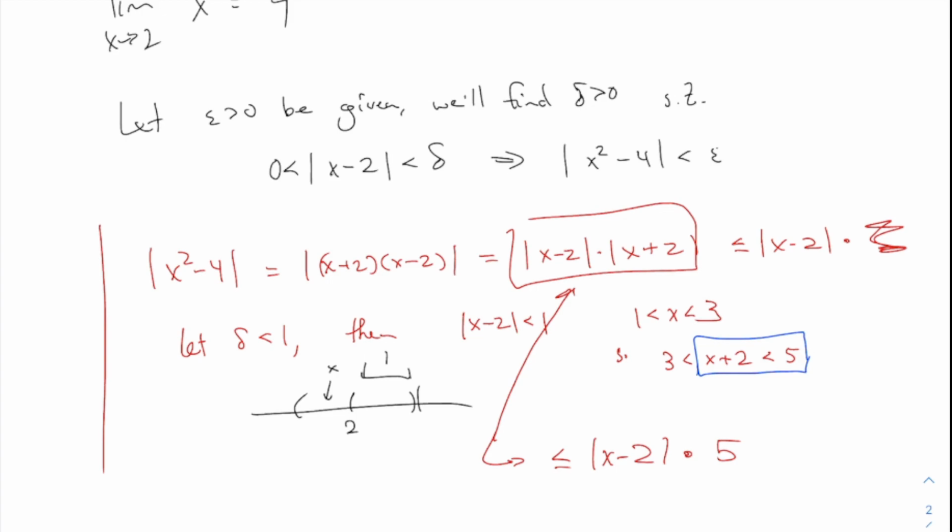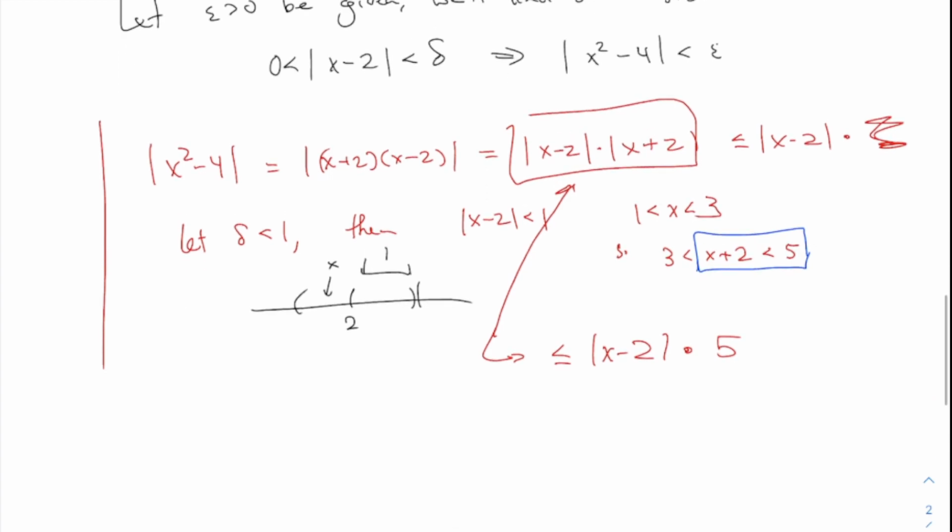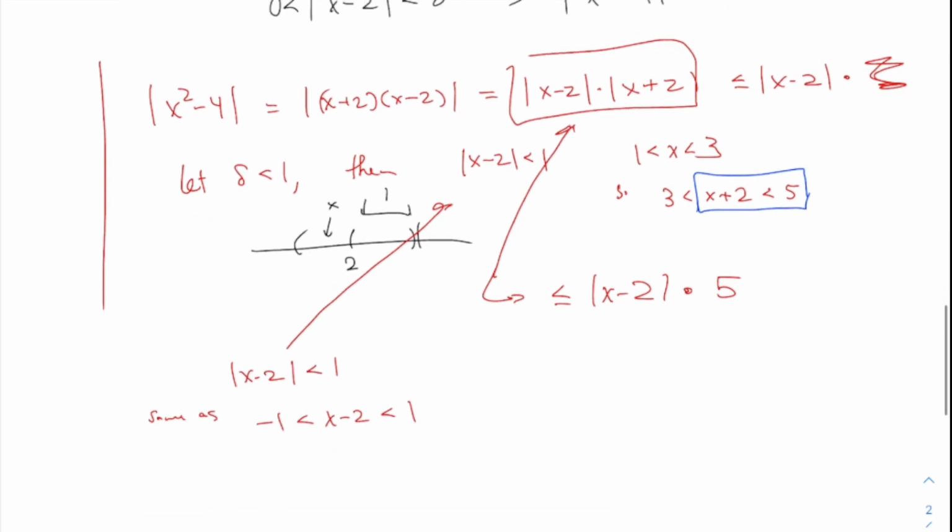Another way to explain this, which to me is maybe a little more confusing, but if you prefer, you could say absolute value of x minus 2 less than 1. This is the same as negative 1 less than x minus 2 less than 1. This is a way of getting rid of the absolute value signs. Saying that something in absolute value is less than 1 means that it's between 1 and minus 1.